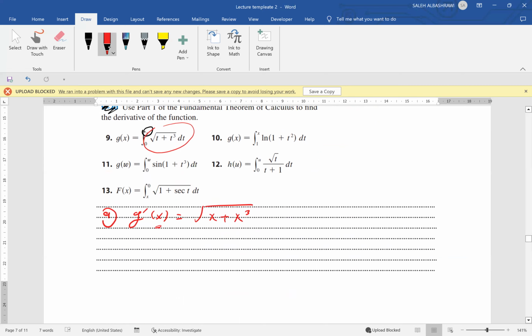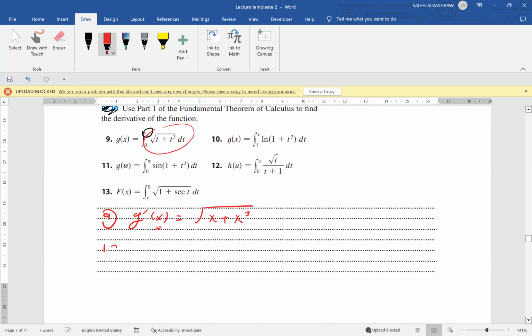Number 10. The derivative of g of x there is equal to ln of 1 plus x squared.